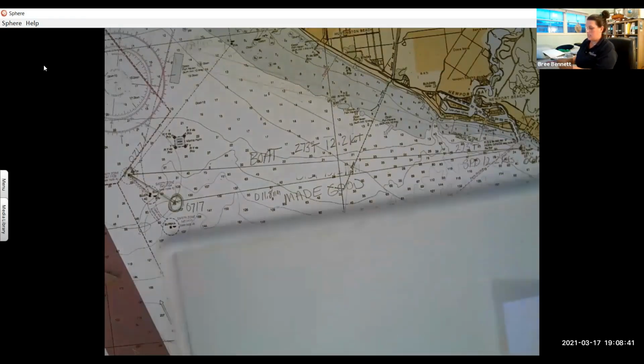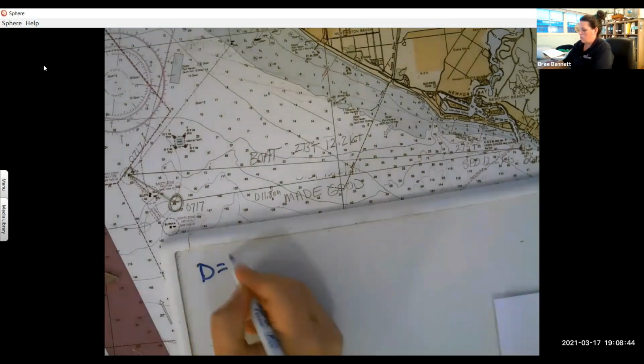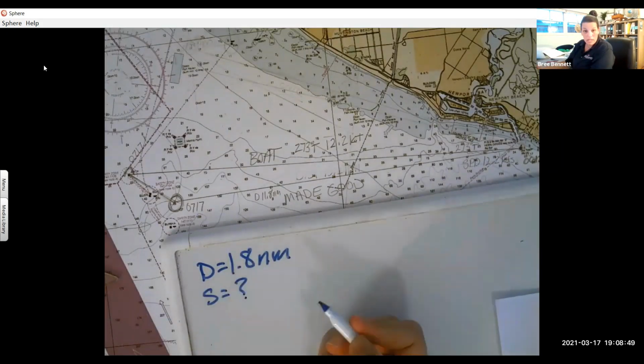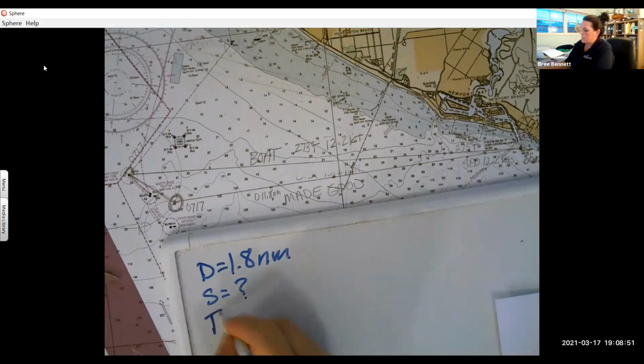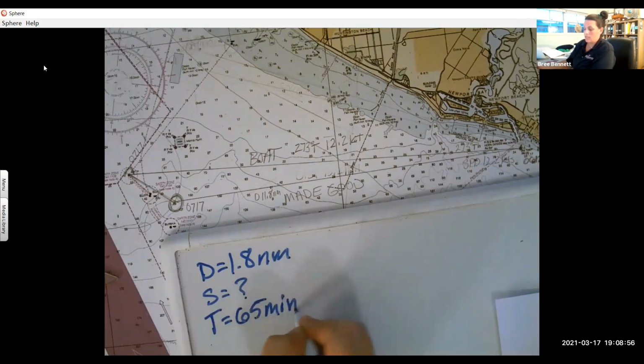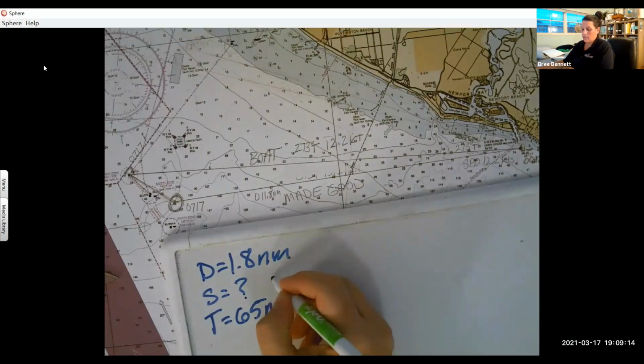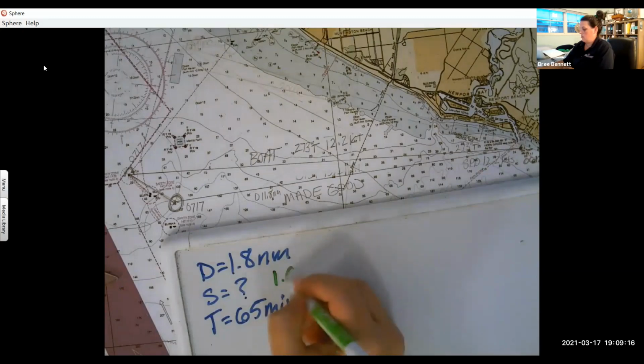I have a distance of 1.8 nautical miles. Again, I'm looking for my speed or my drift. My time is again the 65 minutes. So I got a speed of 1.66.